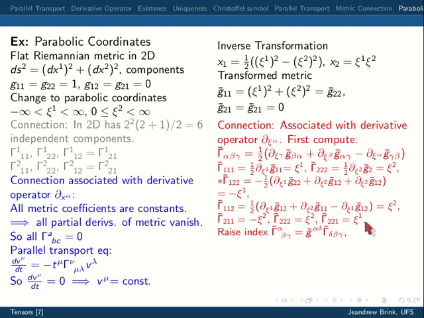Okay, and then to get these things that actually enter in the equations, I then go and raise the indexes of these gammas. And so I'm basically summing over delta. So what I then have is that Gamma^1_11 is xc1 times this factor, which actually comes from the inverse metric.